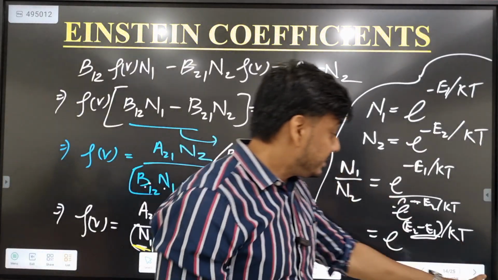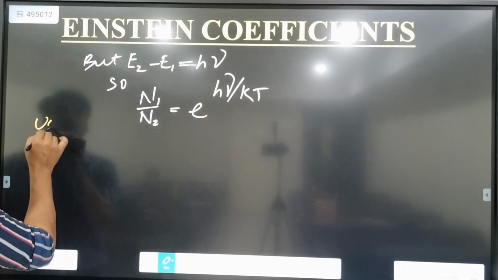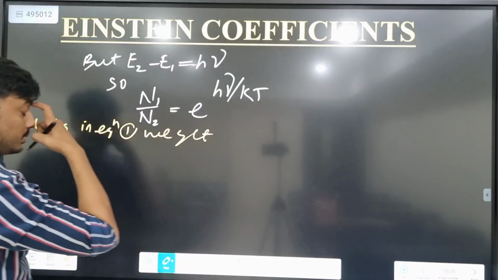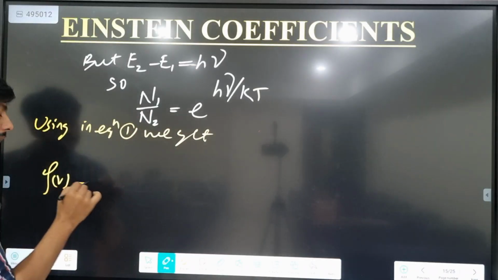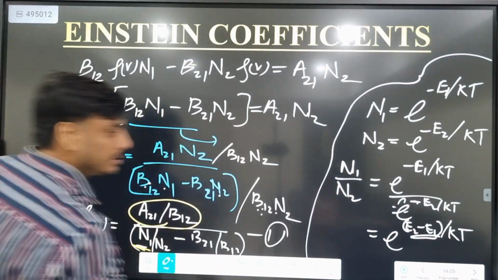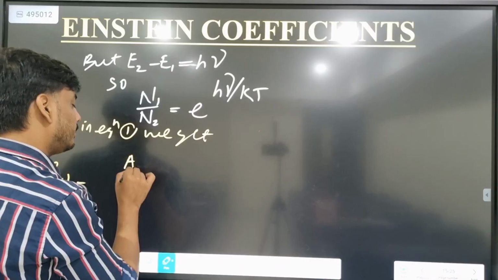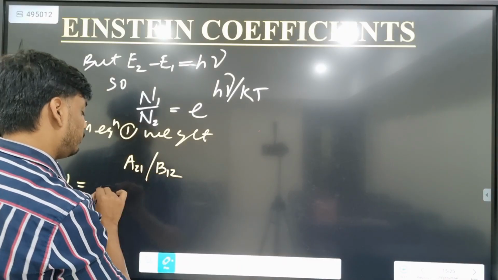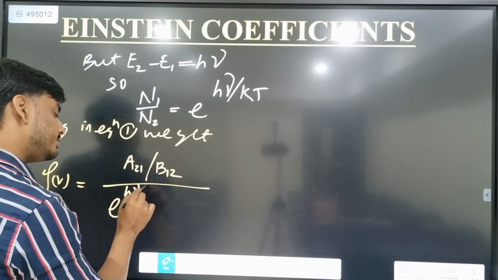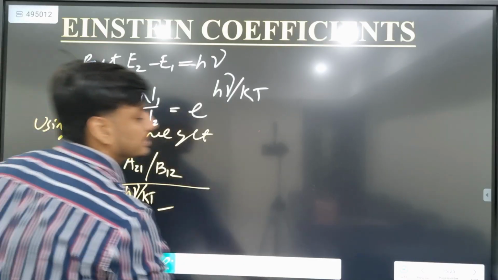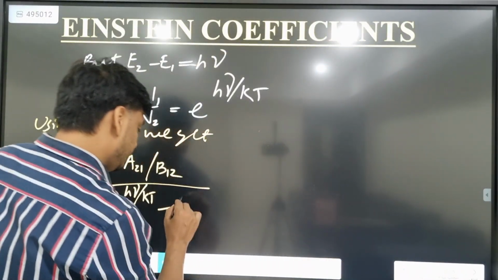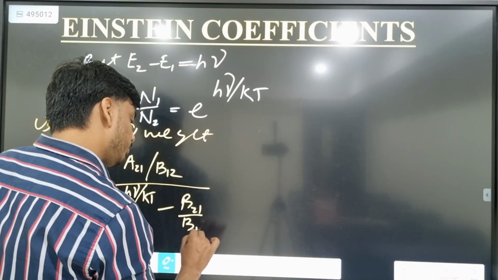So in equation 1, we get energy density rho equal to A21 by B12 divided by e to the power h nu by kT minus B21 by B12.